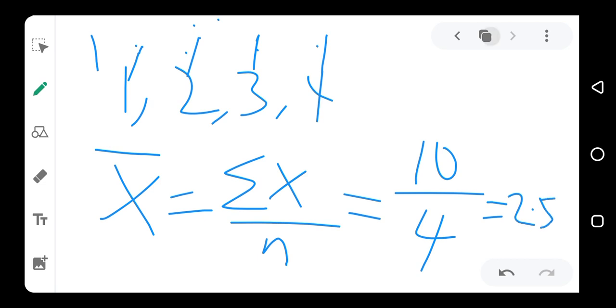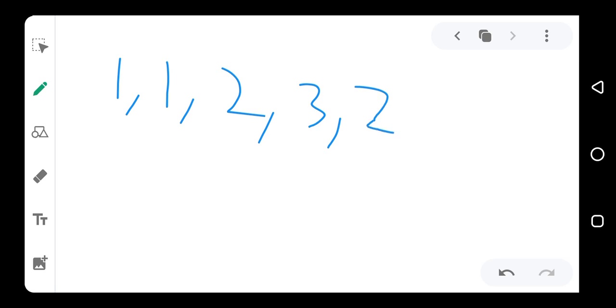Now, if we have a very big data set and we know the frequency, maybe where one is occurring more than one, you see that we are going to be recording the frequency of each. For instance, if we have 1, 1, 2, if we have this kind of numbers, now we see that each value is occurring more than one.